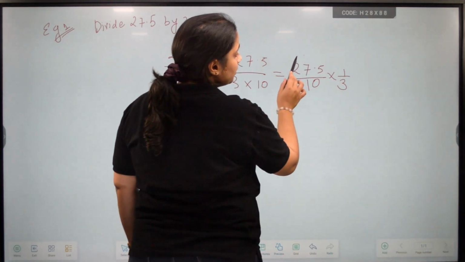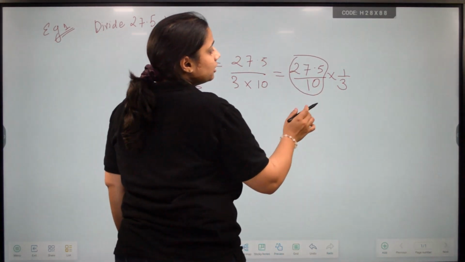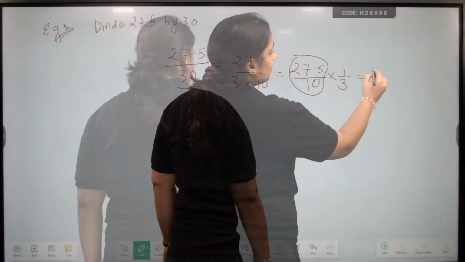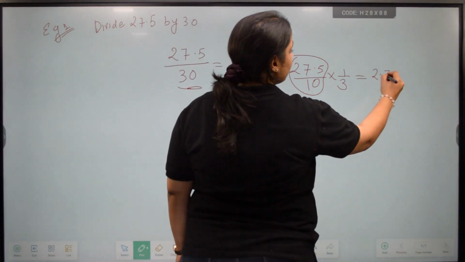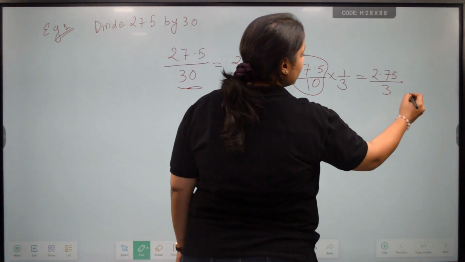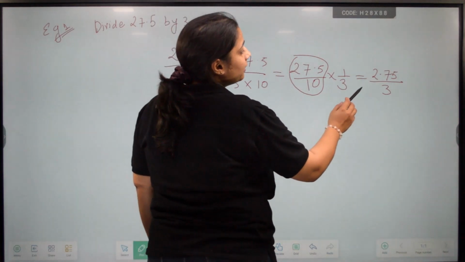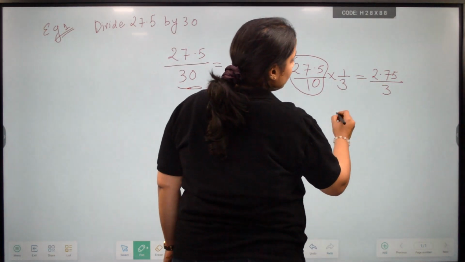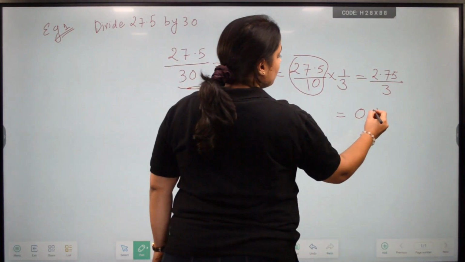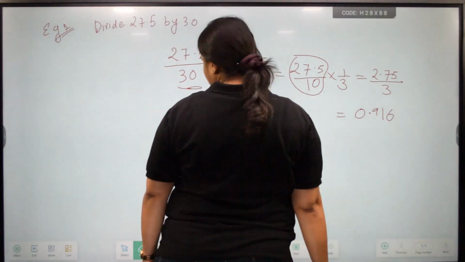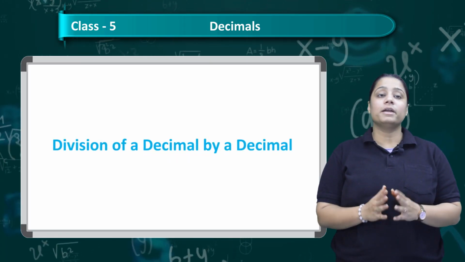Now divide 27.5 by 10 first. As we have studied, it will become 2.75 upon 3. So on dividing 2.75 by 3, we get 0.196.